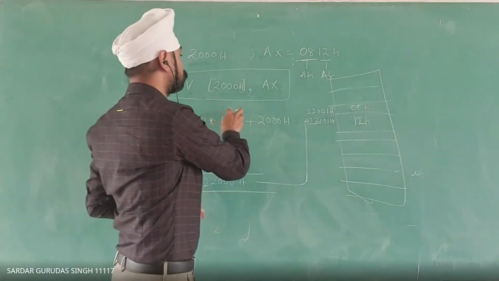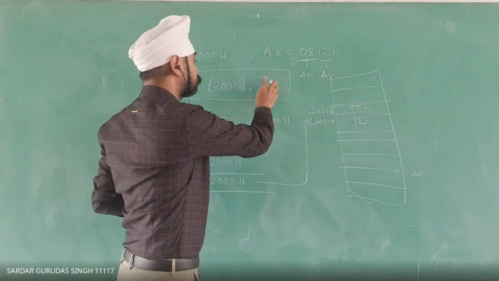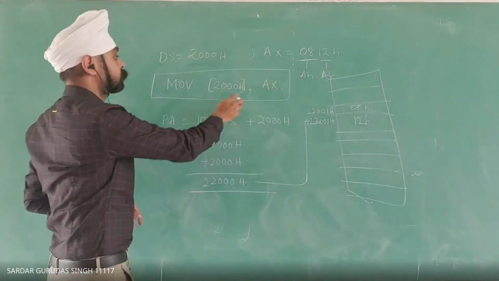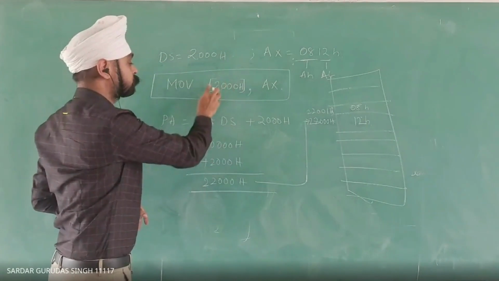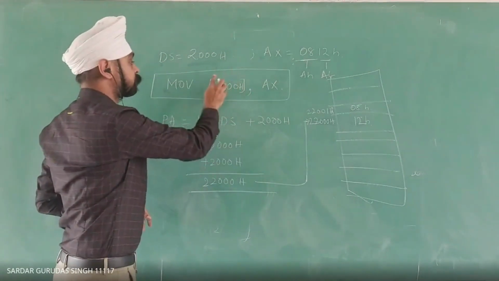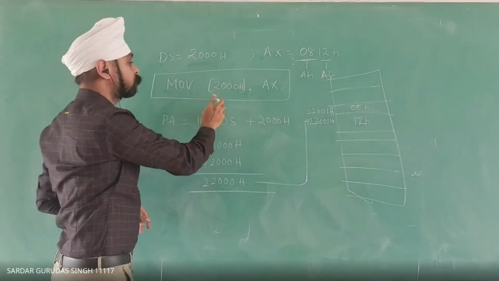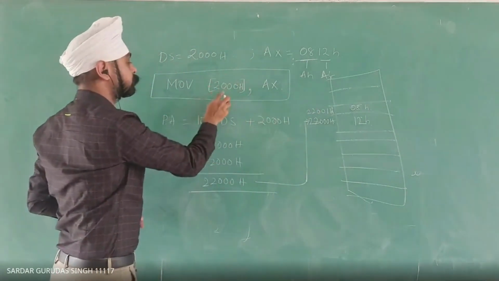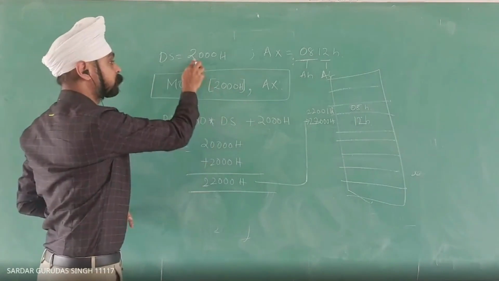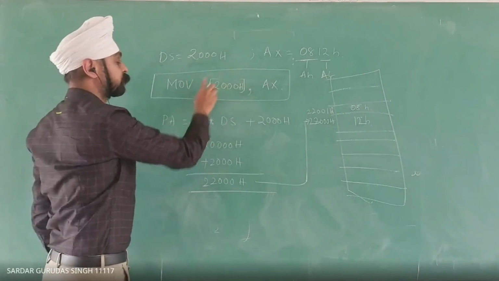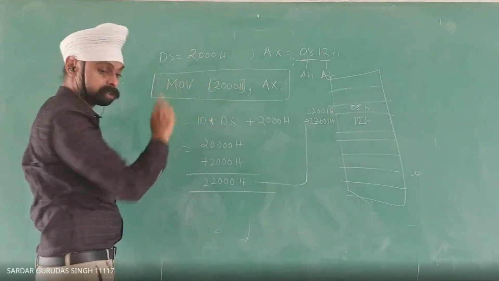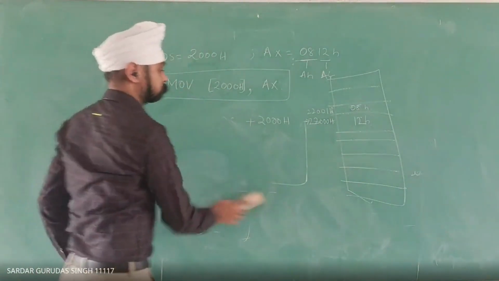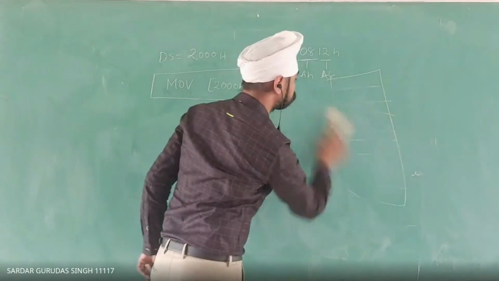It will copy the contents of AX into the address specified, that is, into the physical address that is formed by adding the segment address with the effective address specified in the instruction. Okay. Very simple.